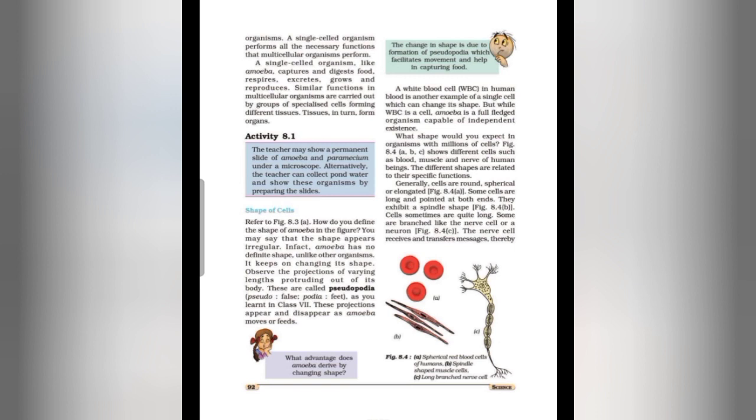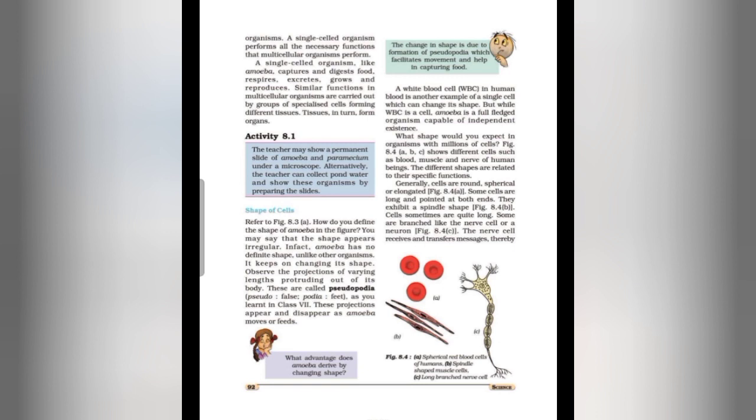So students, amoeba has an irregular shape. It can change its shape, and because of this property, it can perform many functions like intake of food and movement. The change in shape is due to formation of pseudopodia, which facilitate movement and help in capturing food.